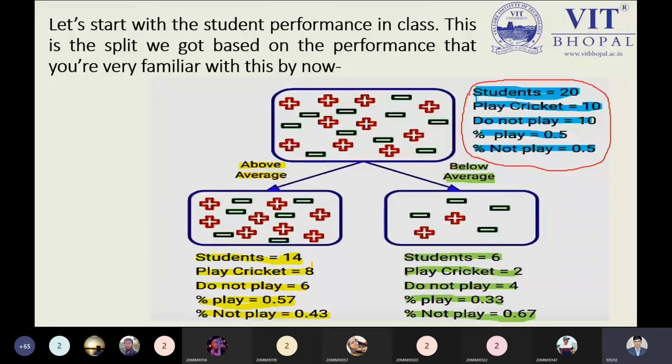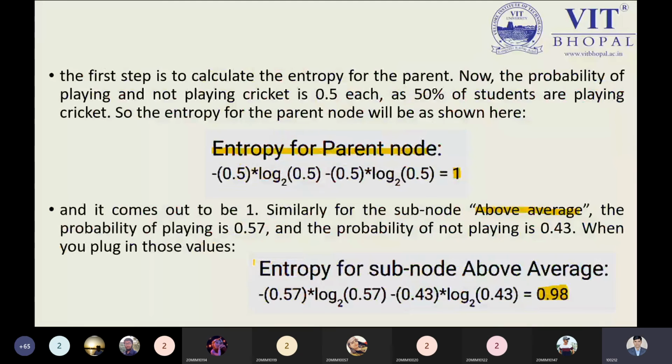What was its entropy value? It was 0.98, plus, moving to the right side, 6 divided by 20 times its entropy, that is 0.91. Yes, this is the main value. Just put these values and we get the weighted entropy.